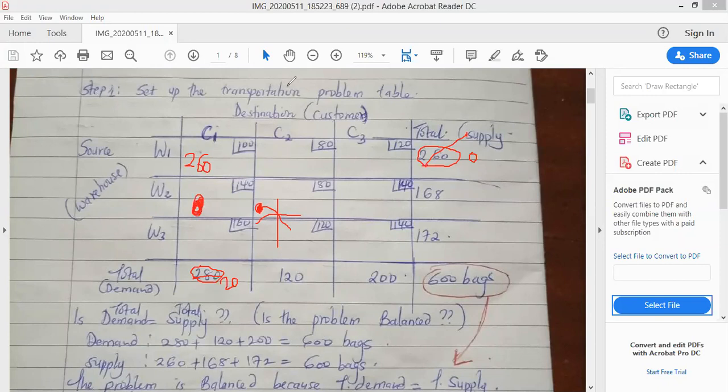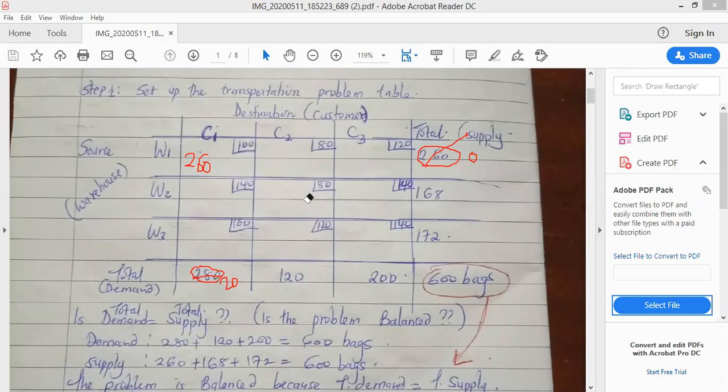W2C1 can receive how many units if we were to do the assignment here? We can only give 20 units to that particular cell. But before we do this, can we receive the 20 units? They are to come from W2, remember. Is W2 able to give us the 20 units? Possible, from an amount of 168 here, you can see.